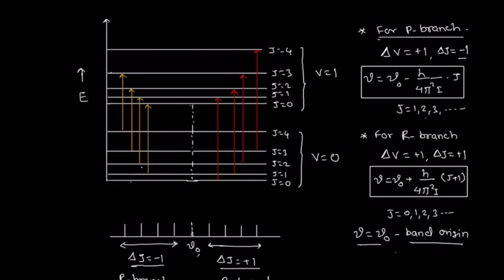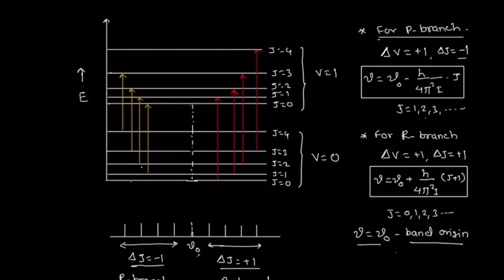Then delta J should be minus 1, in which case it is the P branch. Now check how we get delta J minus 1, shown by the yellow lines. We start from J equal to 1 to J equal to 0. What is the change in delta J? Minus 1. Similarly, the next level J equal to 2 to J equal to 1. 1 minus 2, again delta J is minus 1.